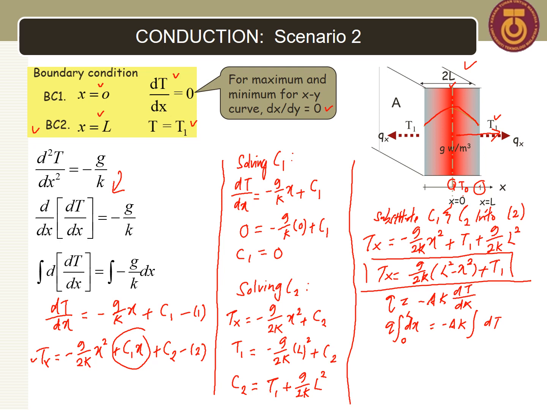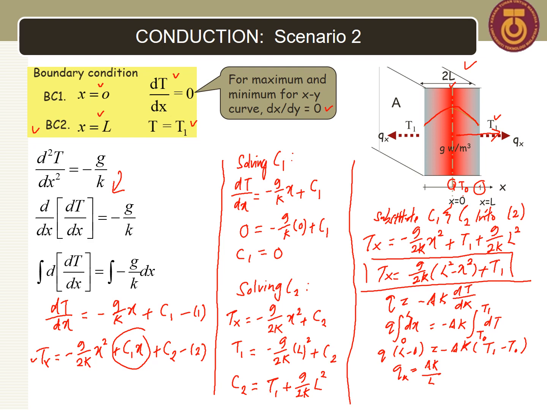From 0 to L, when x equals 0, temperature is T0. When x equals L, temperature is T1. So we integrate both sides. This is what we get: Q times L minus 0 equals negative A k times T1 minus T0. After you arrange everything, we get Qx equals A k.